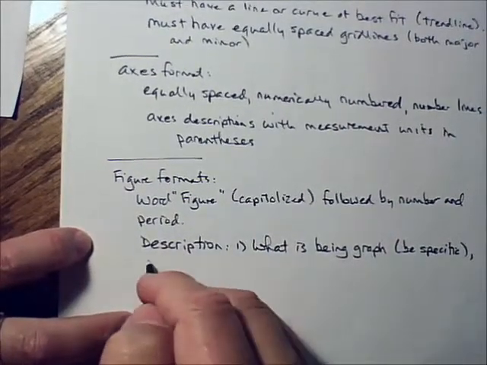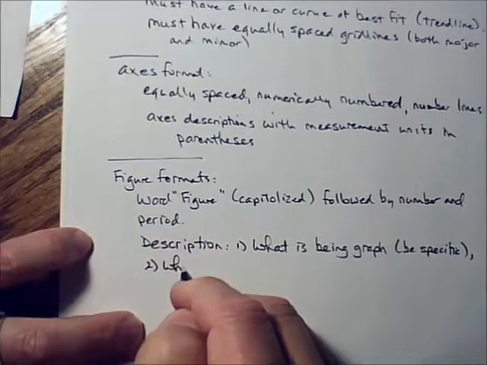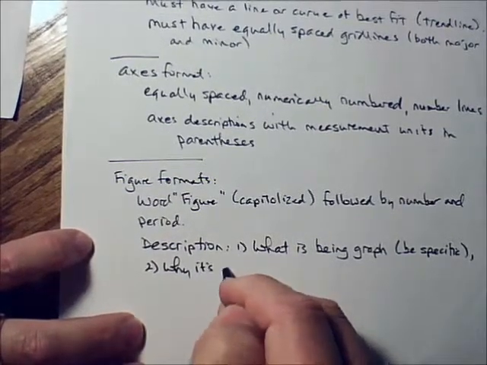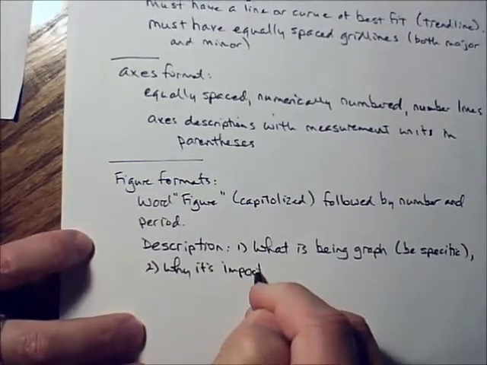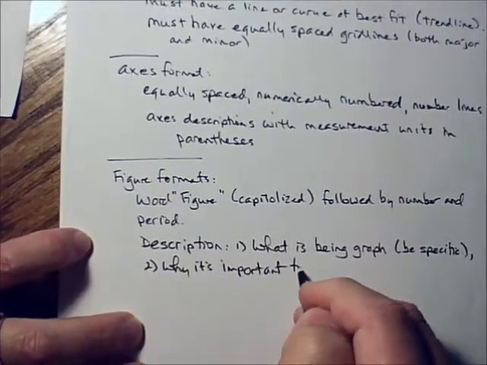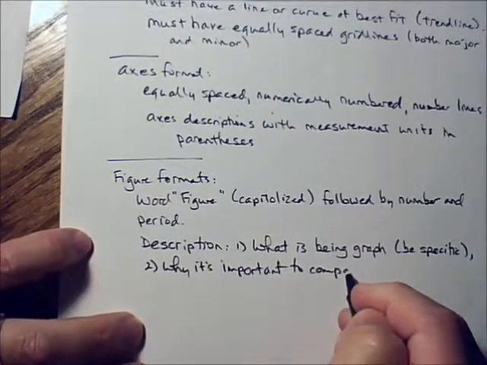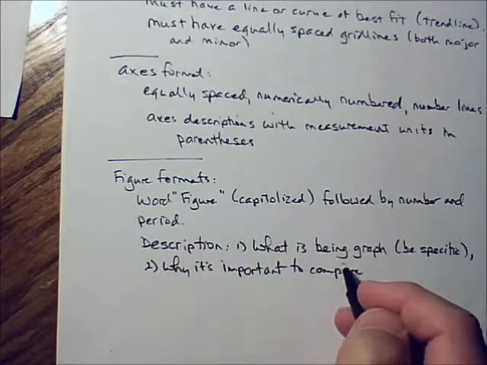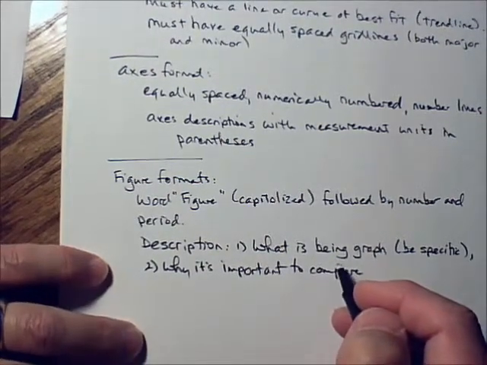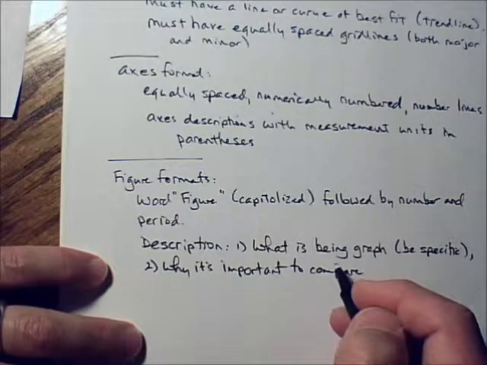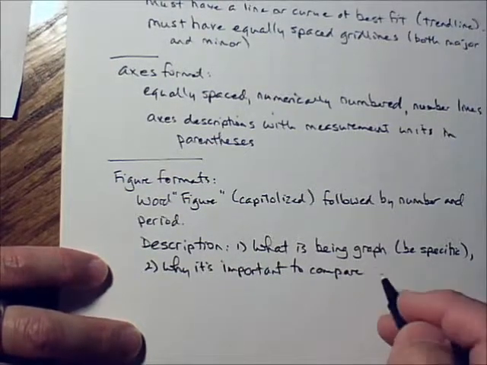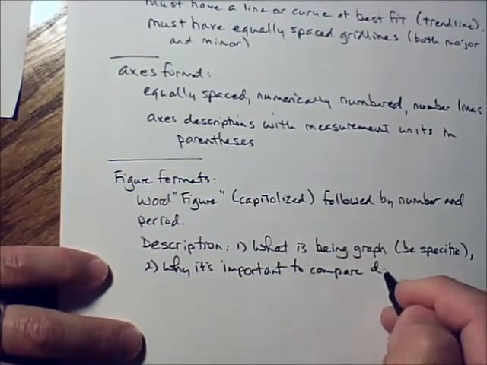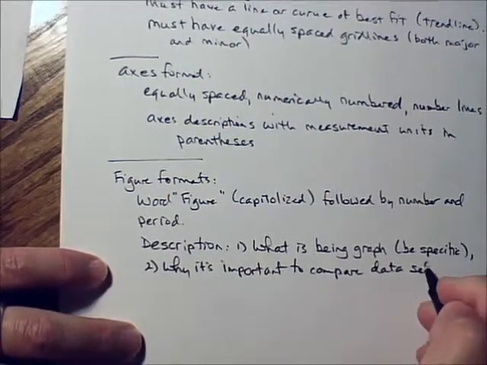What is being graphed, why it's important to compare, because that's what a graph does. It compares, looks for a pattern in sets of data. Okay? Why it's important to compare data sets.